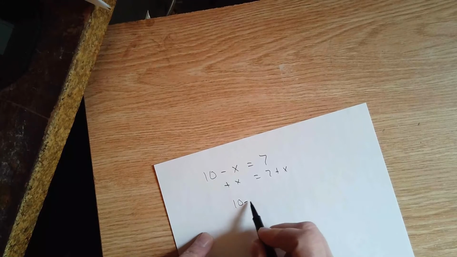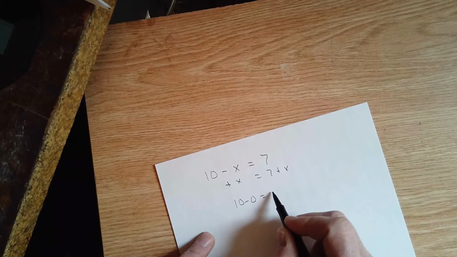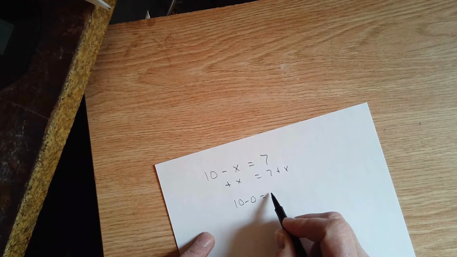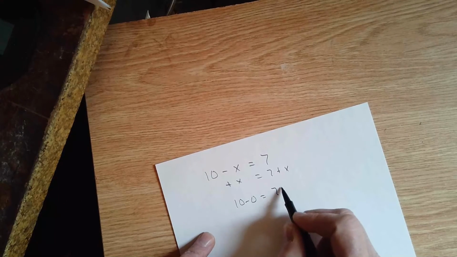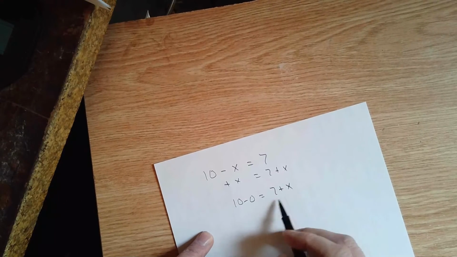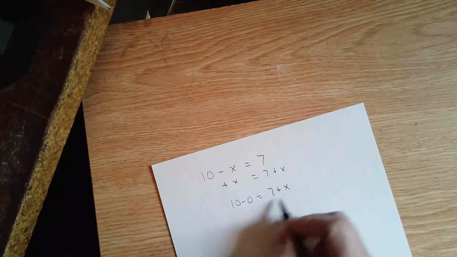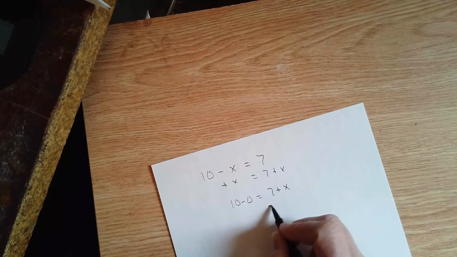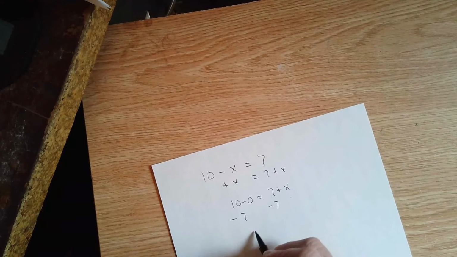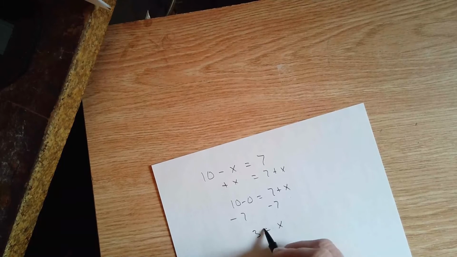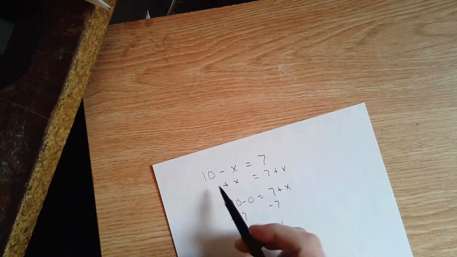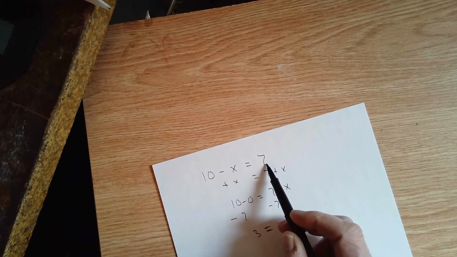So 10 minus 0 is 10, and 7 plus x. Now we can solve for x. Let's subtract 7 from both sides. 3 equals x. 10 minus 3 equals x. Yes.